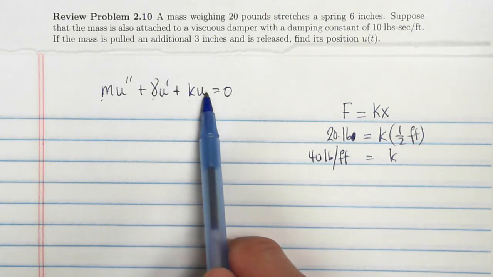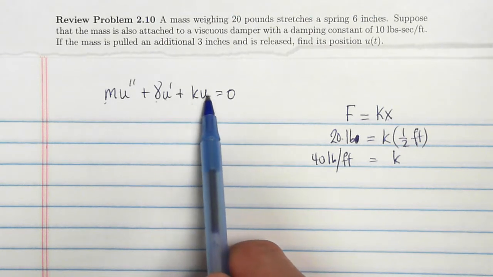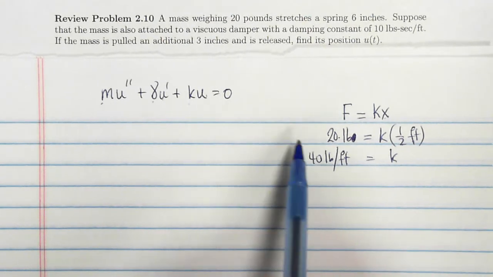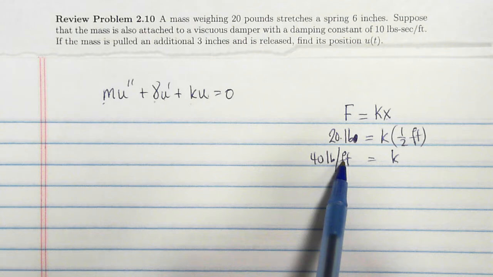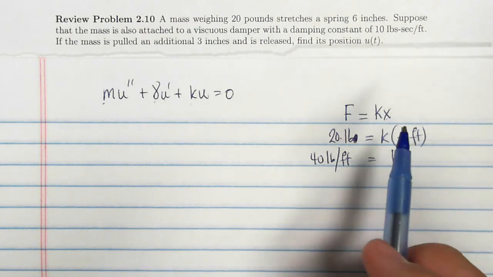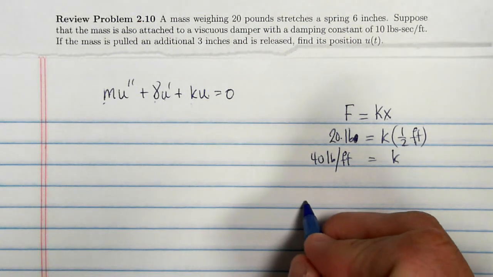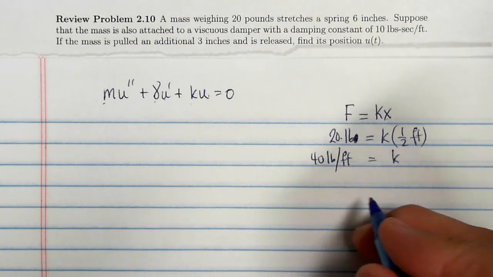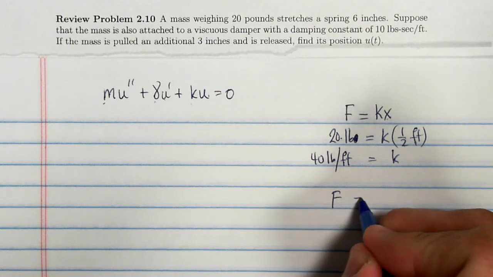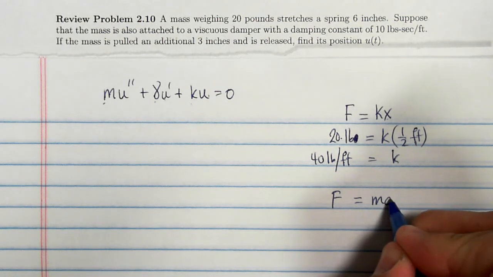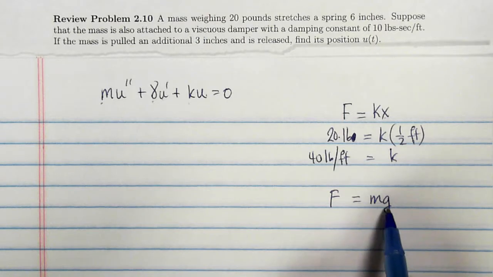Now u is measured in feet, and so if I take k times u, that's going to be in pounds again because that'll cancel the denominator of this unit. Okay, next we have to get to the mass. The mass of the spring is determined by force is equal to mass times acceleration, where the acceleration is this time the acceleration due to gravity.